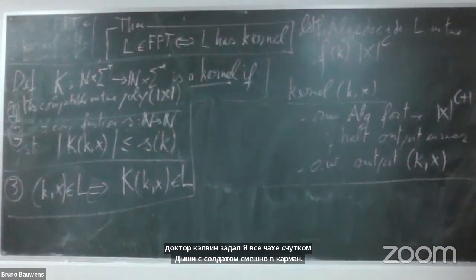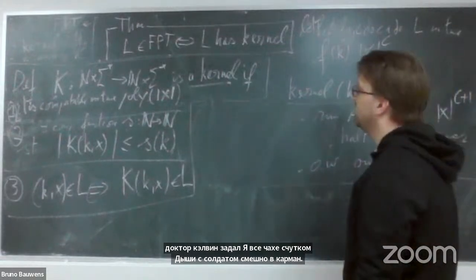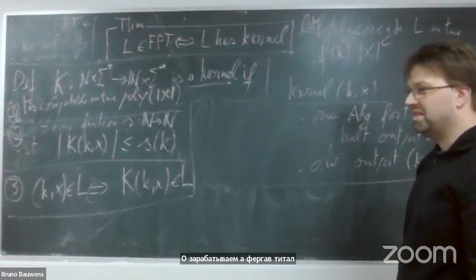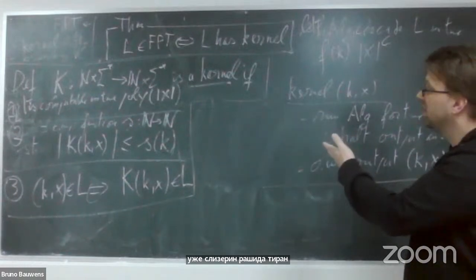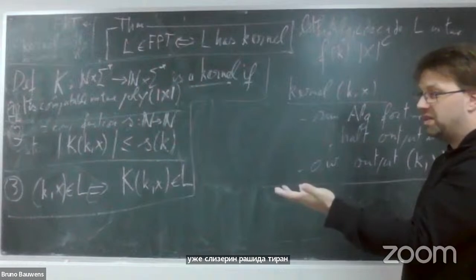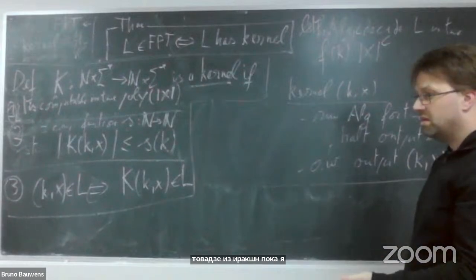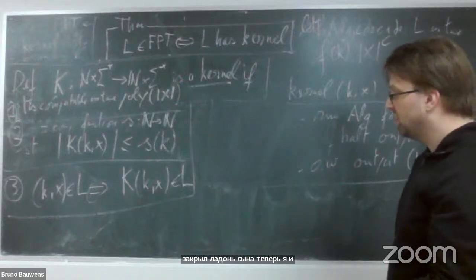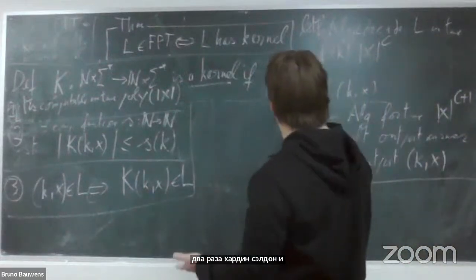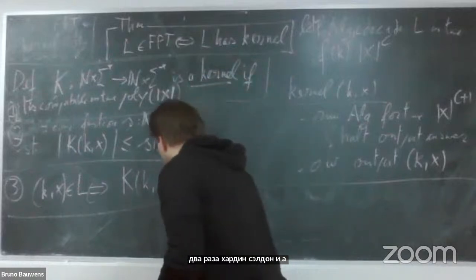Oh, by the way, I forgot to tell you there is an easy direction in the theorem. So what's the easy direction? Has a kernel implies decidable. Why? Because we apply the kernel and then decide. So what is the runtime?